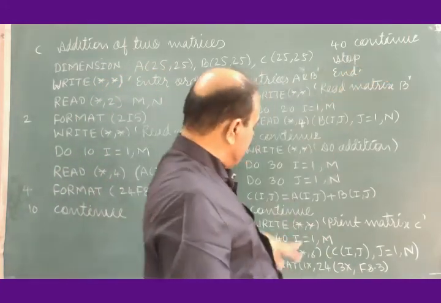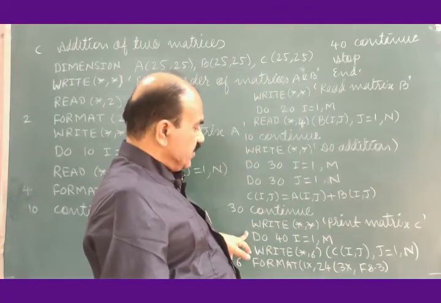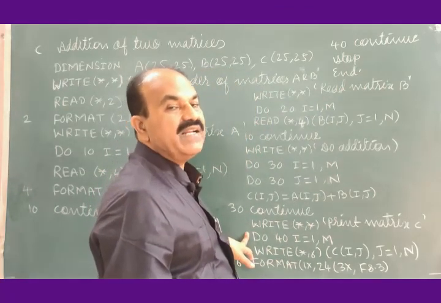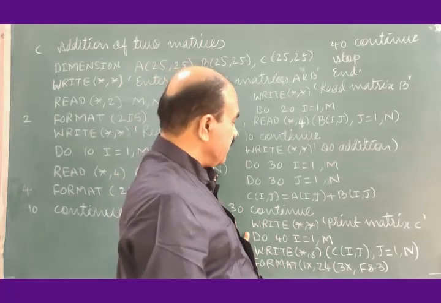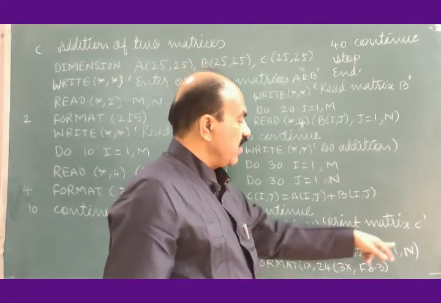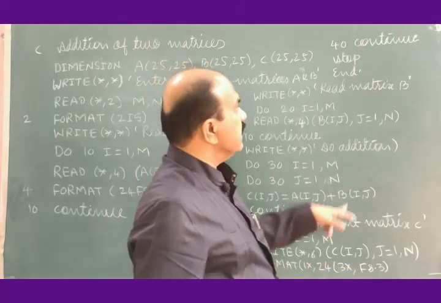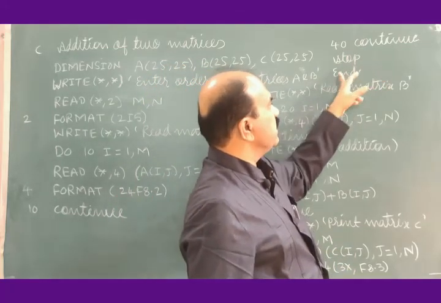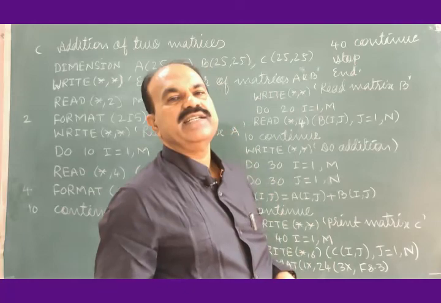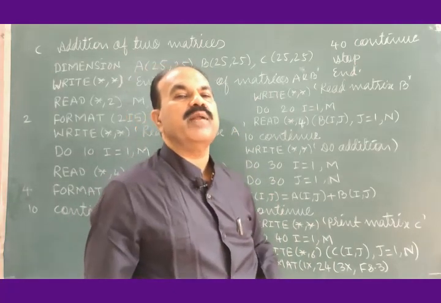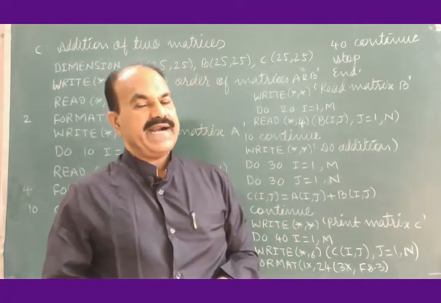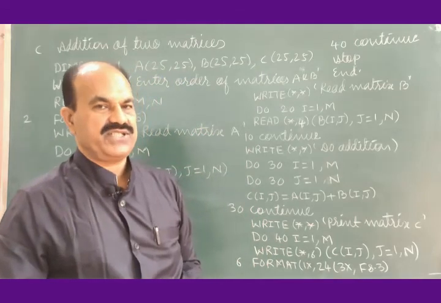Then continue, for printing all the elements. It is repeated till all columns and all rows are completed. After that, stop and end. This is a very simple program for addition of two matrices.